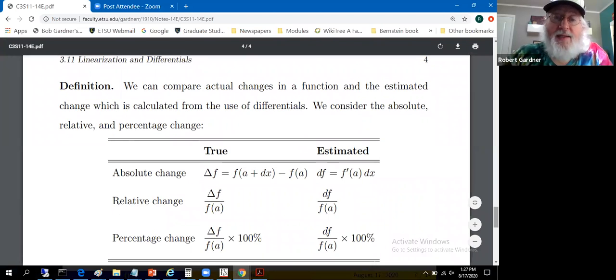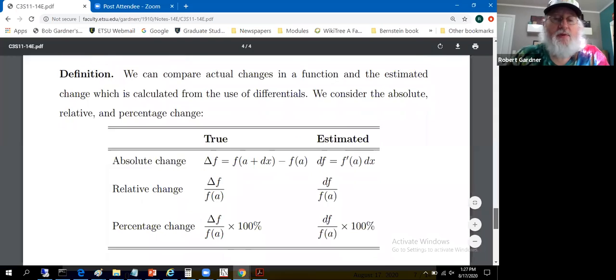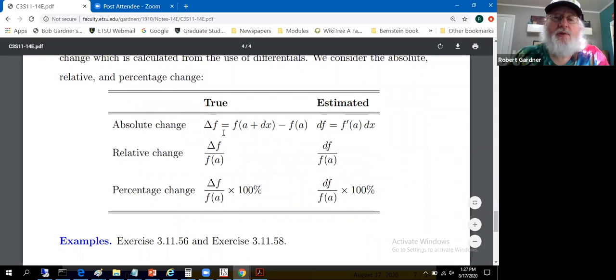One more idea is, how good are these approximations, say in terms of a percentage error? We can compare actual changes in a function and the estimated change, which is calculated from the differentials, as follows. We can measure the absolute change, that's just a change in function values.